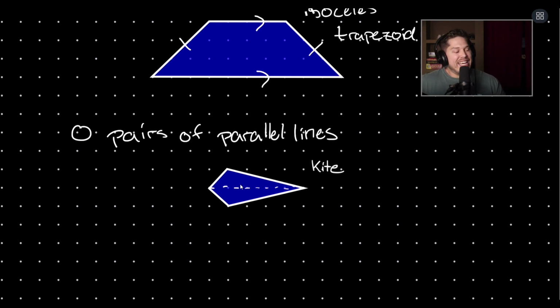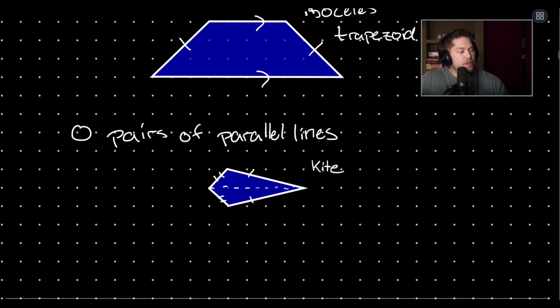And in that these are two congruent triangles, we have two pairs of sides that have the same length. Okay, so that's the special attribute for a kite. We have two pairs of sides that have the same length. Two pairs equal in length which touch one another. That is what a kite is.